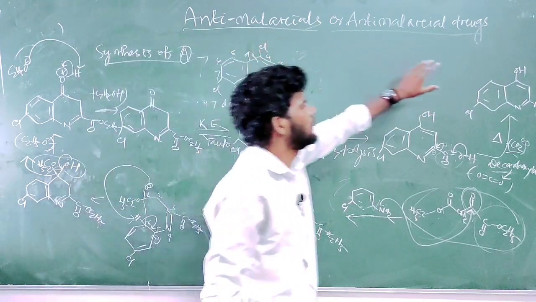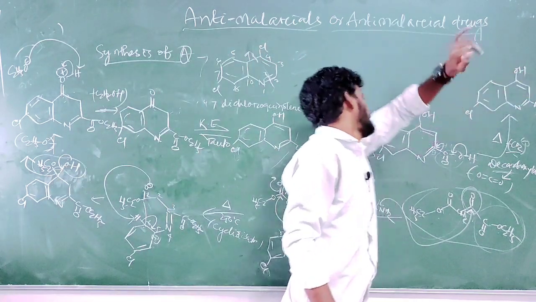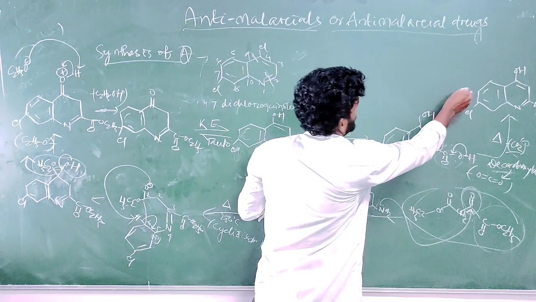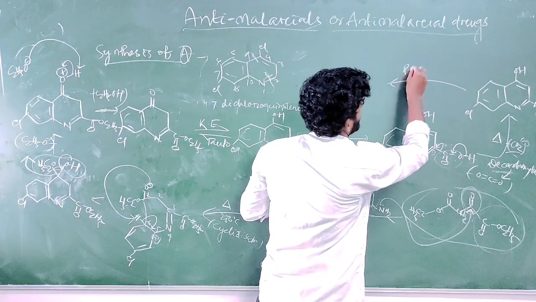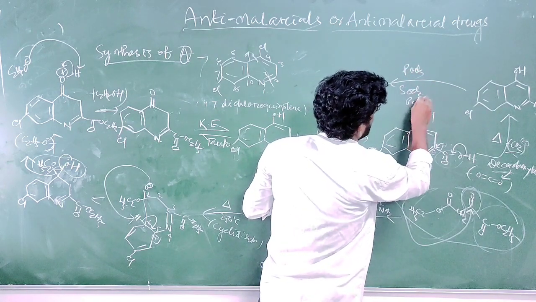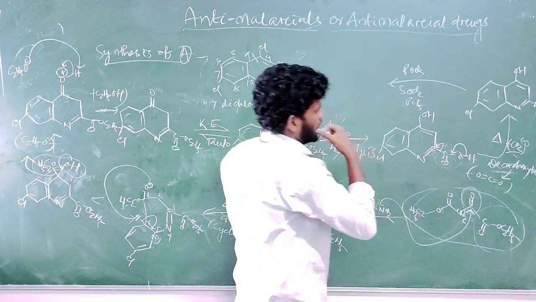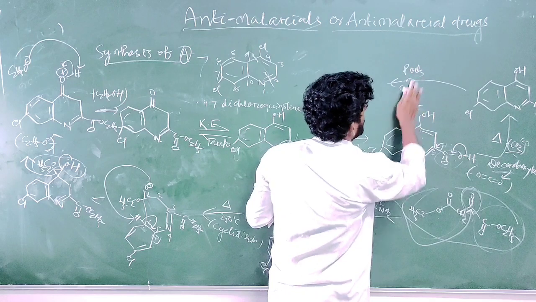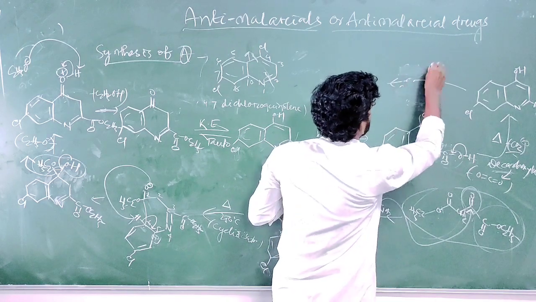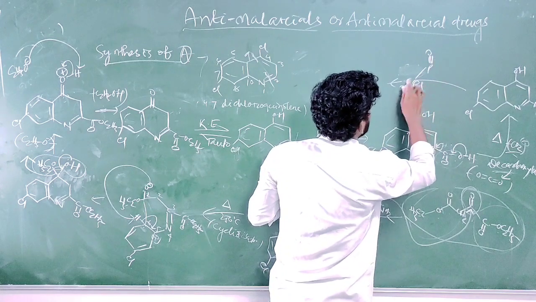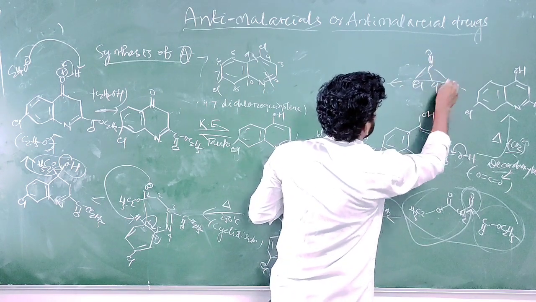So how to turn the OH group into Cl group? Simple chlorinating agent, any chlorinating agent, either POCl3 or SOCl2 or PCl5. You can take any of the chlorinating agents. Let us suppose we take POCl3. P double bond O, Cl, POCl3.